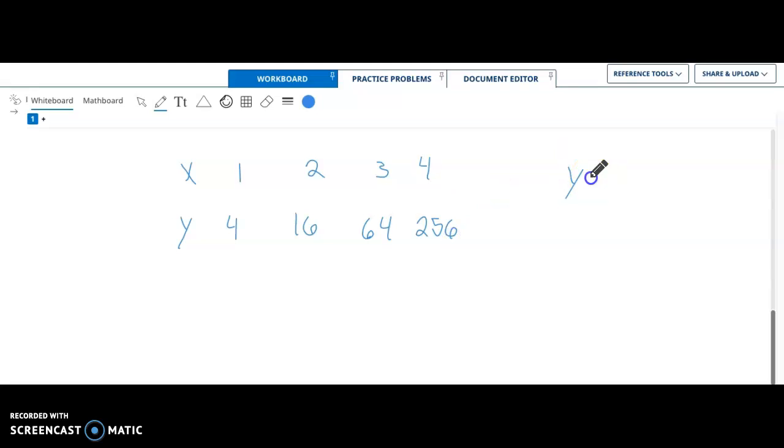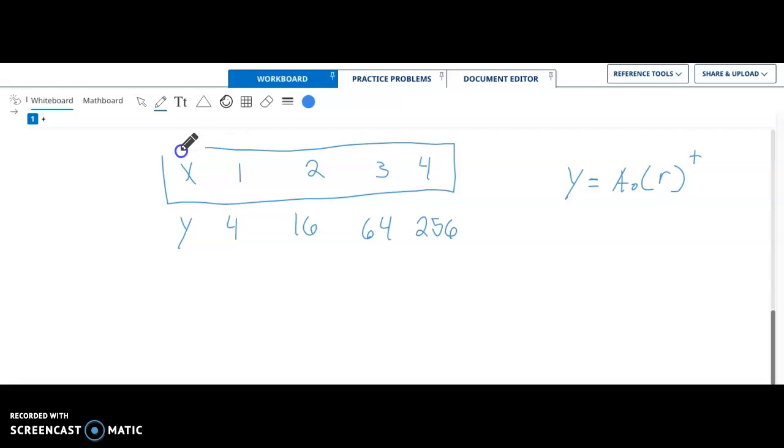So we're going to go back to our equation. Y equals the amount times the rate times time, over how long it takes. All right. So we know that x is our independent variable. We know that y is our dependent variable.